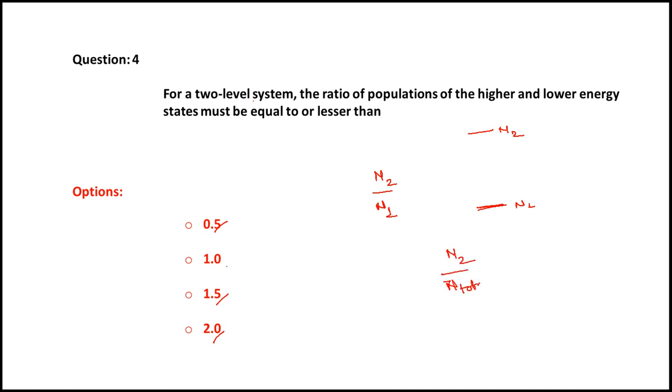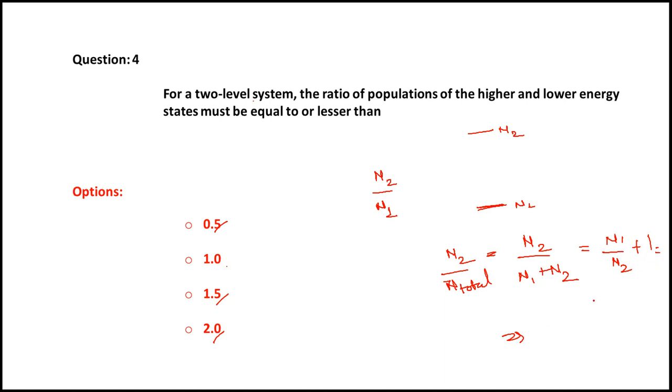So what value did you put? Like N2 by N total less than half, so then N1 plus N2. Then I took the reciprocal on both sides. So it will become N1 by N2 plus 1 greater than 2.